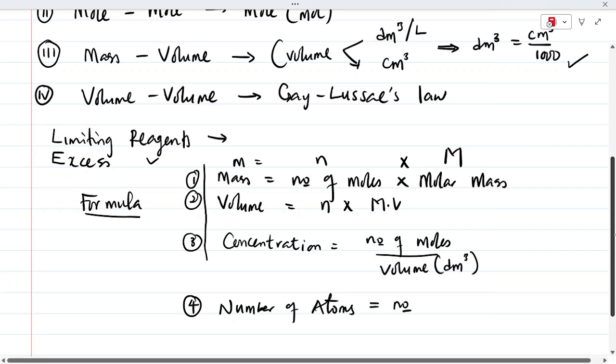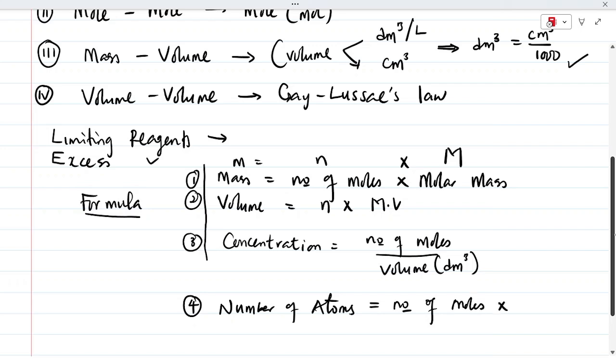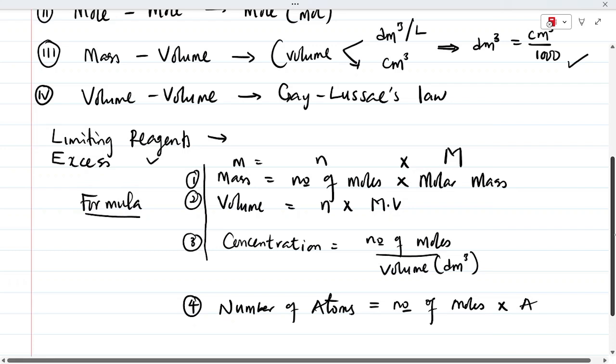So the number of atoms in a particular substance becomes the number of moles times Avogadro's number, which can be shortened to NA, and the value is 6.02 times 10 raised to the power 23.